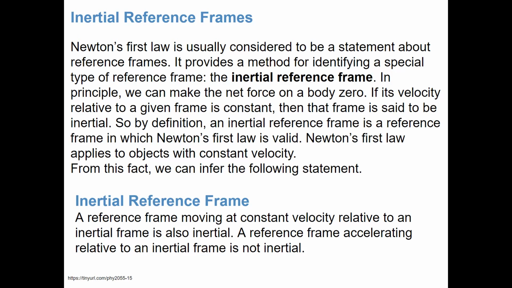So an object that is at rest can be called your inertial frame of reference. And when it's moving with a constant velocity, it can also be used as an inertial reference frame.